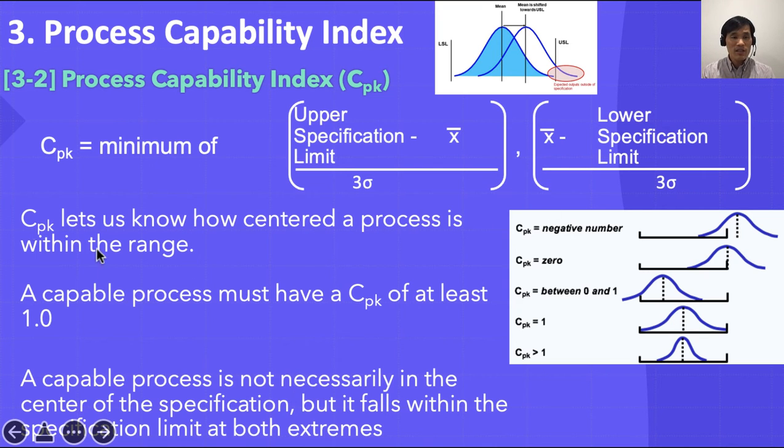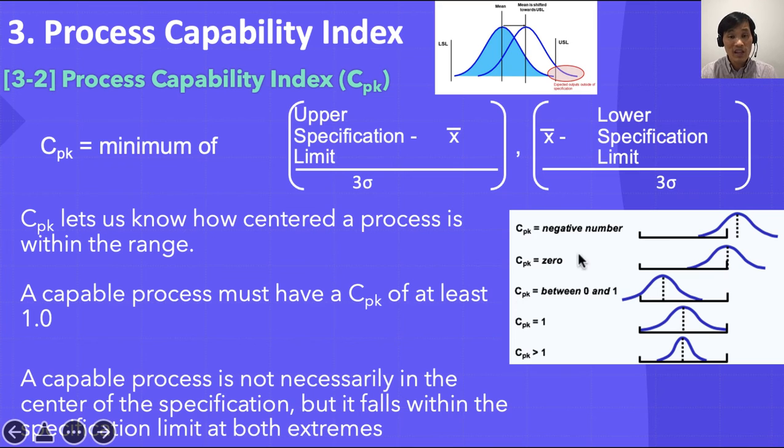And as I said, it helps you to understand how centered the process is. For example, in this case, it's the perfect case, Cpk is 1, perfectly centered, right? With a specification limit.